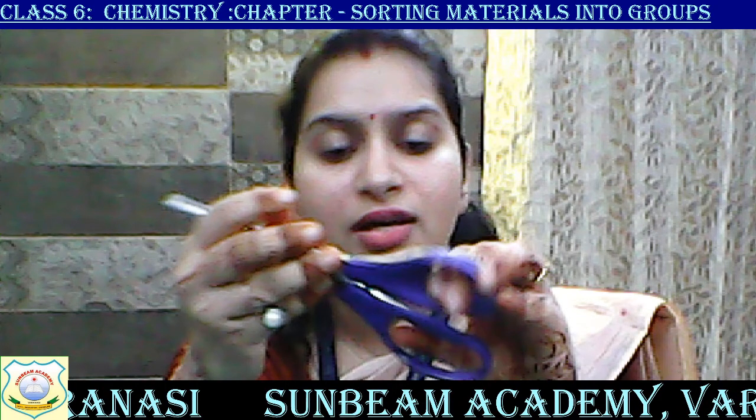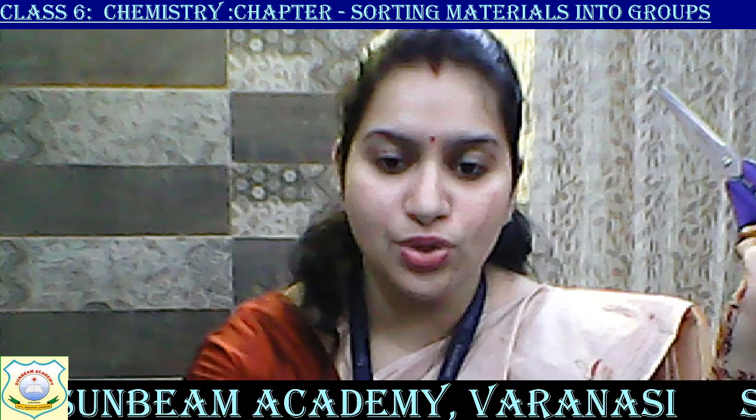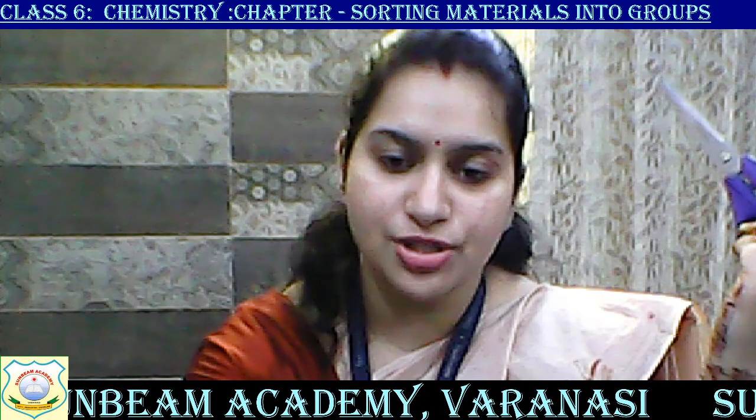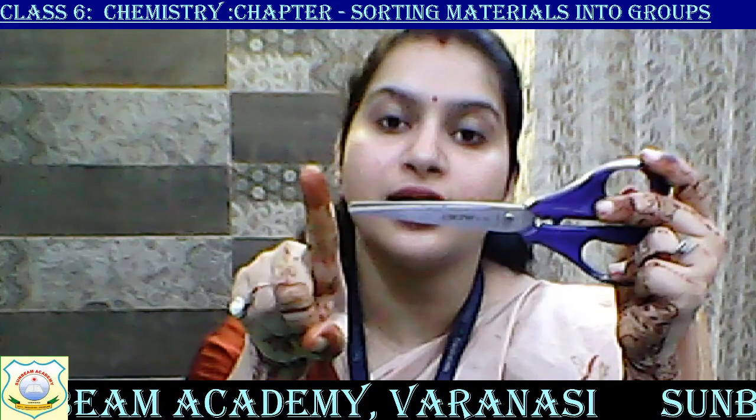This has a luster, but this plastic does not have a luster. Similarly, this plastic bottle does not have a luster. Whereas this small safety pin has a luster because it has a shiny appearance, isn't it? So everything that is shiny has a luster, whereas things that are not shiny are non-lustrous.